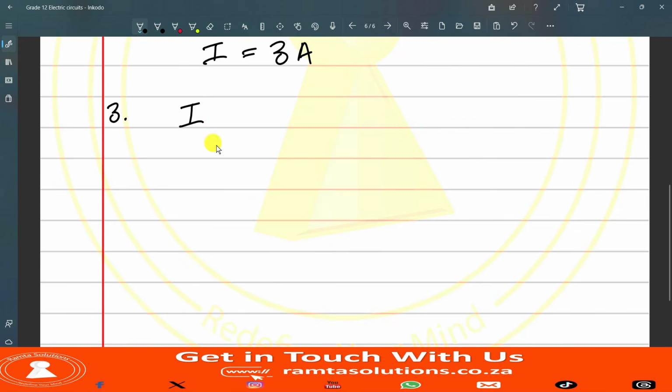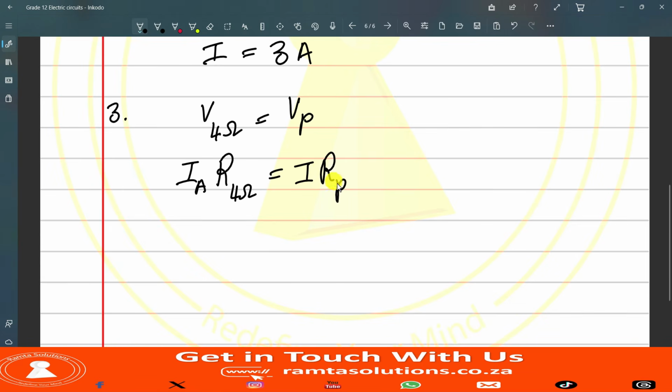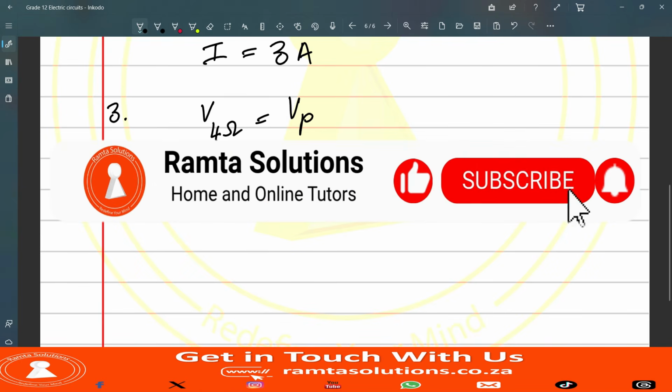Voltage at the 4 ohm resistor is equal to voltage of the parallel combination. So voltage of the 4 ohm could be represented by current flowing at the ammeter A multiplied by resistance of the 4 ohm resistor, equals current flowing on the parallel combination, which is the total current, multiplied by Rp.